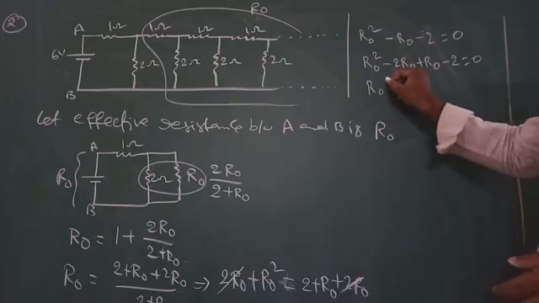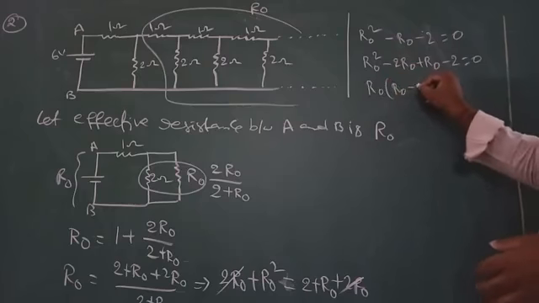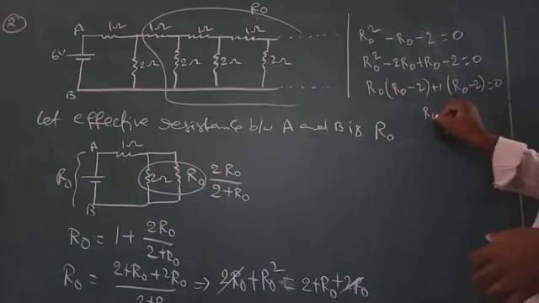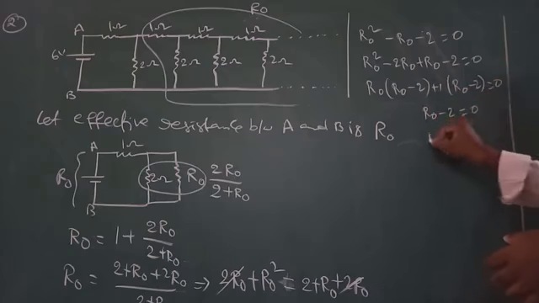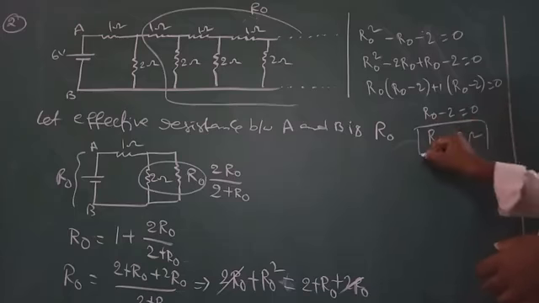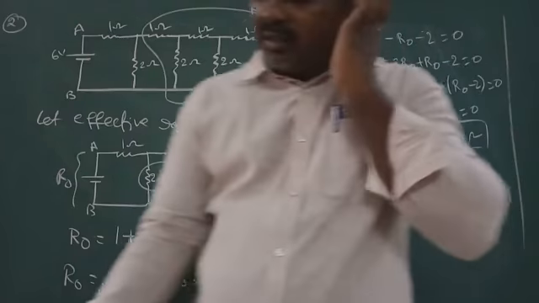Taking R0 common, R0 minus 2 times R0 plus 1 equals 0. Therefore R0 minus 2 equals 0, so R0 equals 2 ohms. So the first question's answer is obtained.